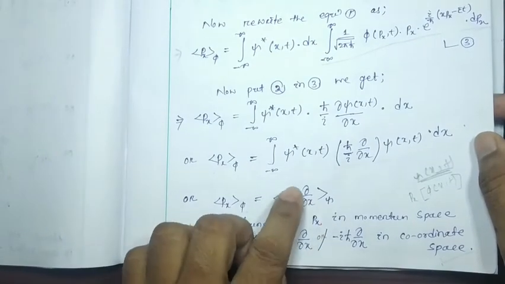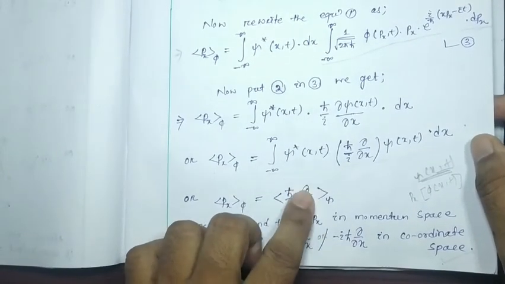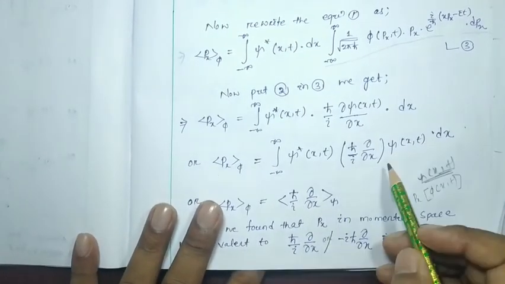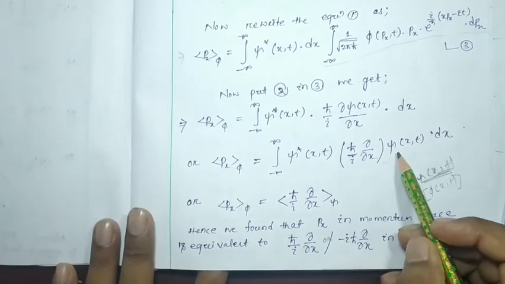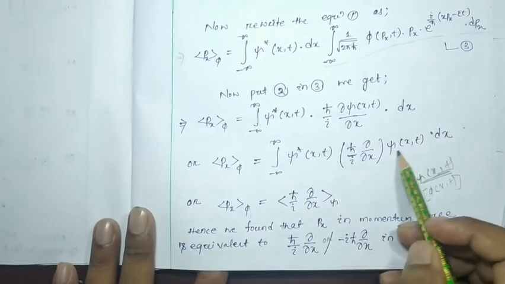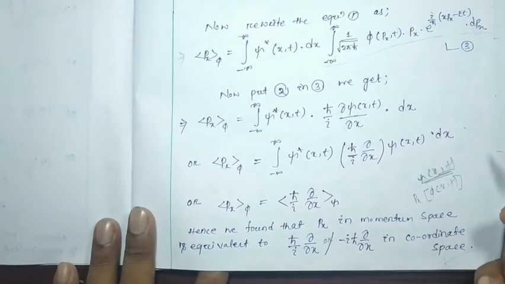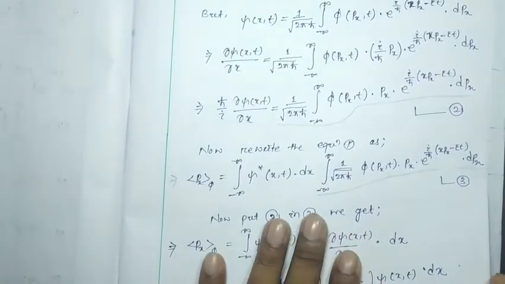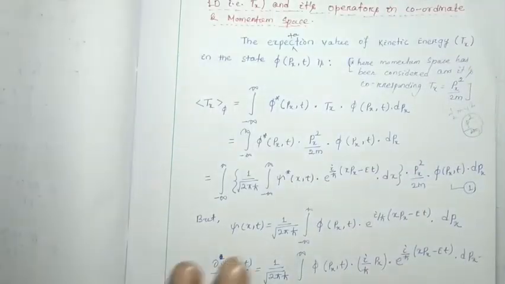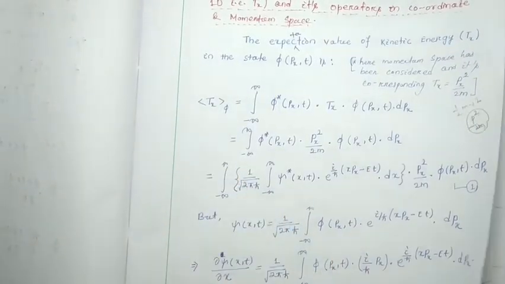So here del by del x should be applied directly to the wave function in either coordinate space or momentum space. Okay, it is the momentum expectation, finding the value of momentum, and considering the kinetic energy also the same, considering the potential energy also the same.